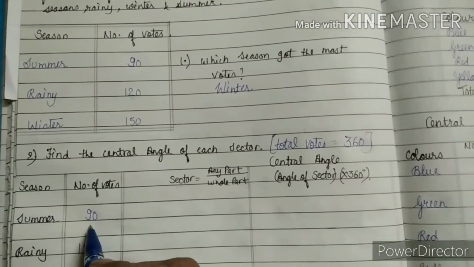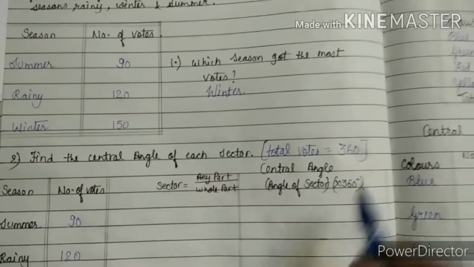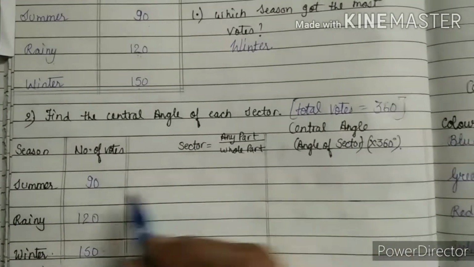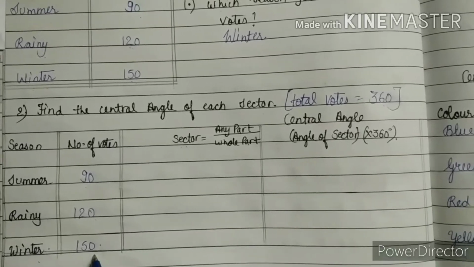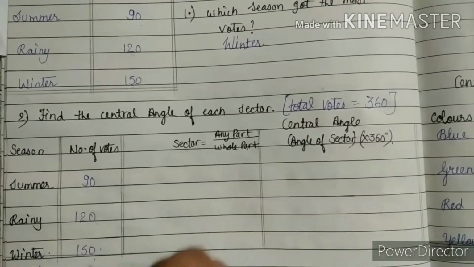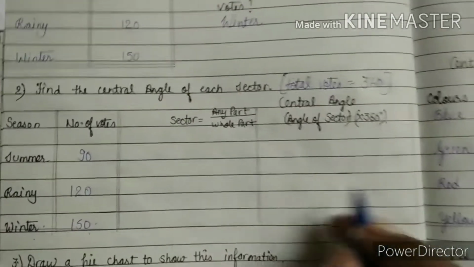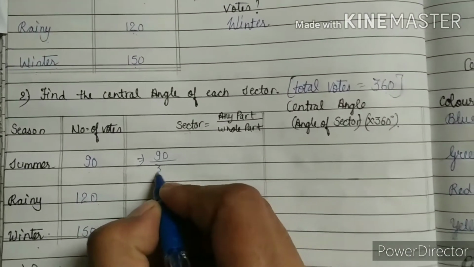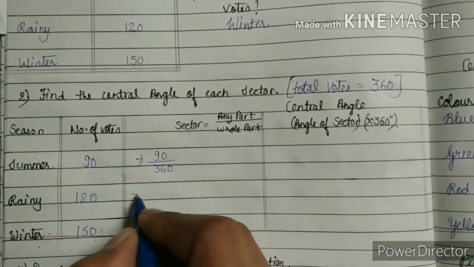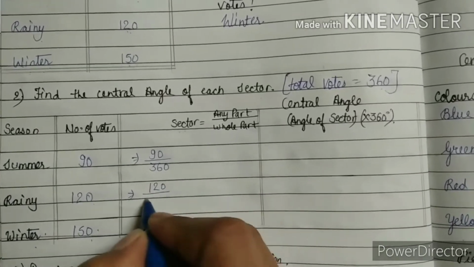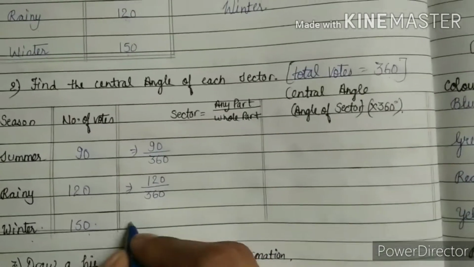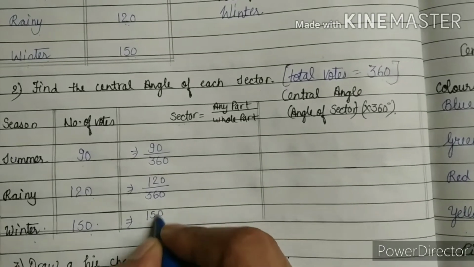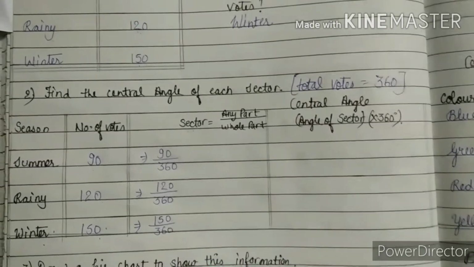Sector means any part divided by the whole part. The whole part is 360, so 90, 120 and 150, everyone will be divided by 360. So for the sector, here 90 will be divided by 360. Here also 120 will be divided by 360, and here also 150 will be divided by 360.